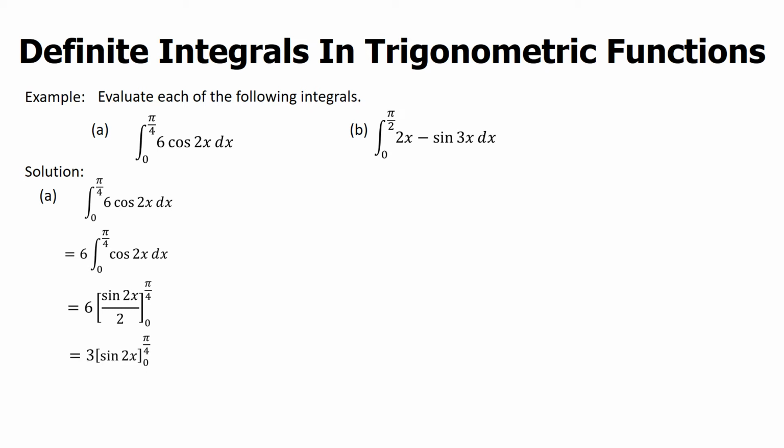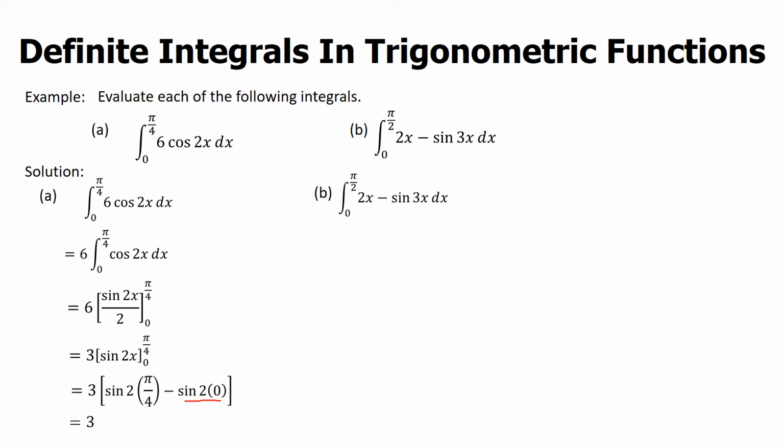We simplify it, which gives us 3 times sine 2x, limit from 0 to pi over 4. And now we can substitute x equals pi over 4, which is 3 sine (2 pi over 4), minus substitute x equals 0, which becomes sine (2 times 0). So we calculate the answer is 3.